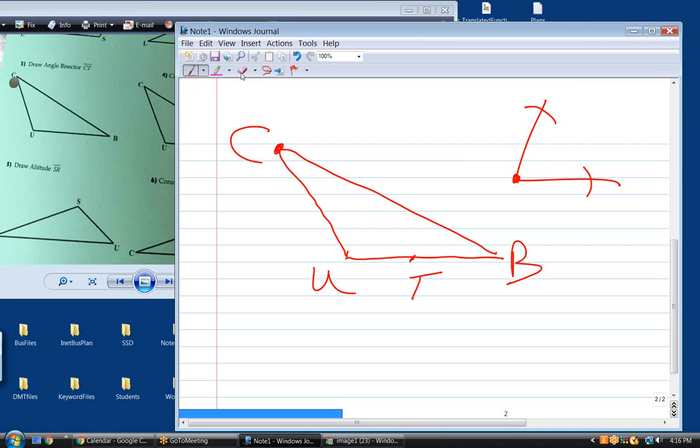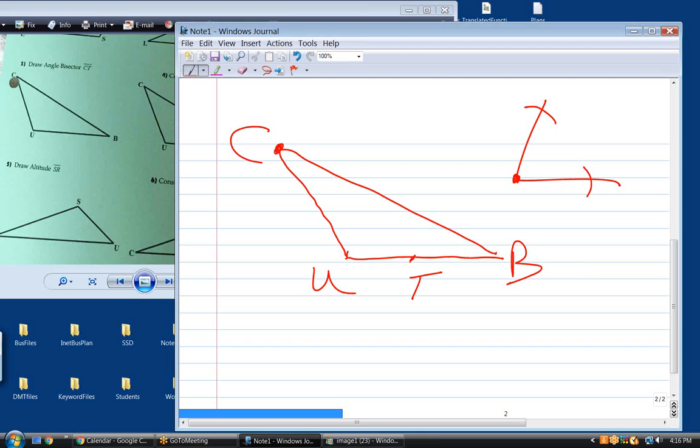Okay. Well, how do we bisect angle C using a compass? By putting those 2 little hash marks on the side. Okay, where do we put the needle? We're bisecting C, right? We're bisecting C? Correct.